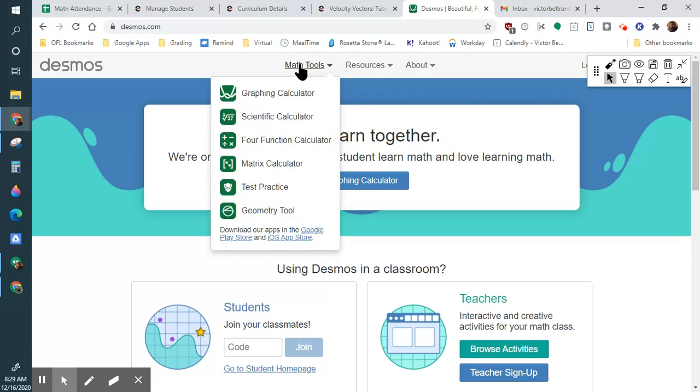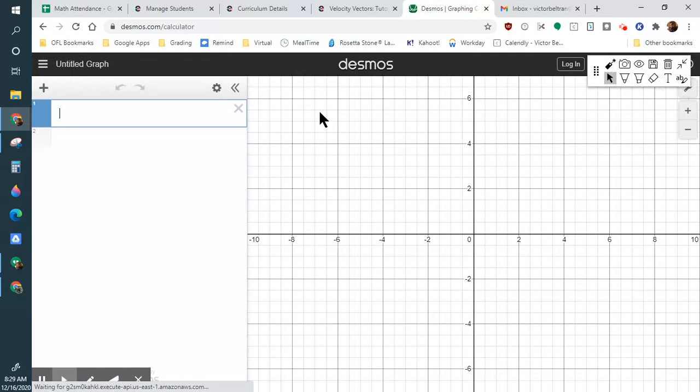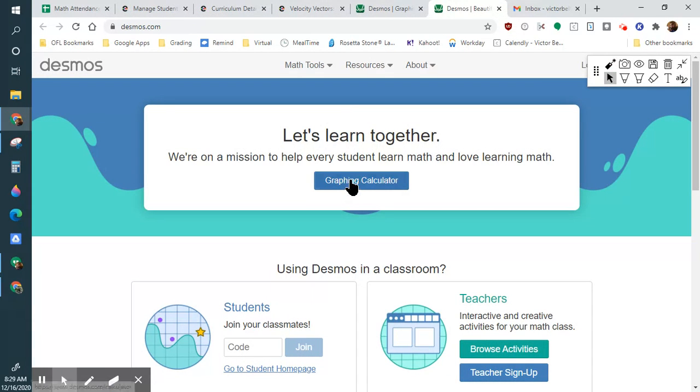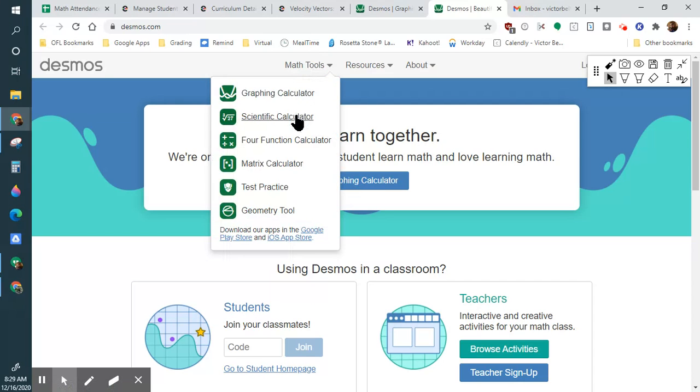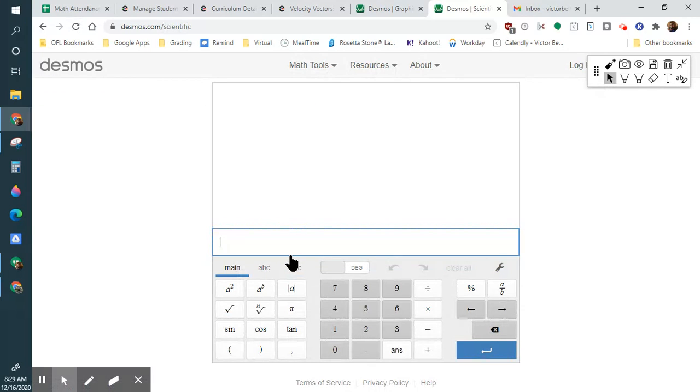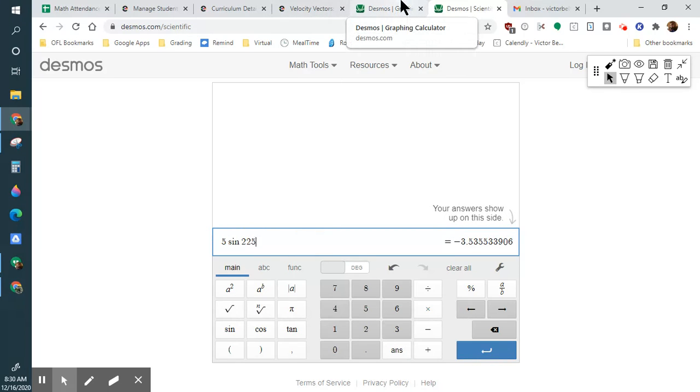Go to math tools, not graphing calculator. Oh my gosh, why would that be the first option if we could just click scientific? So we're going to do 5 sine 225. I was supposed to do cosine, but we'll just do that for now.